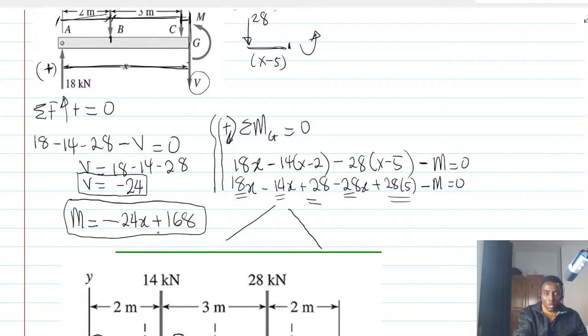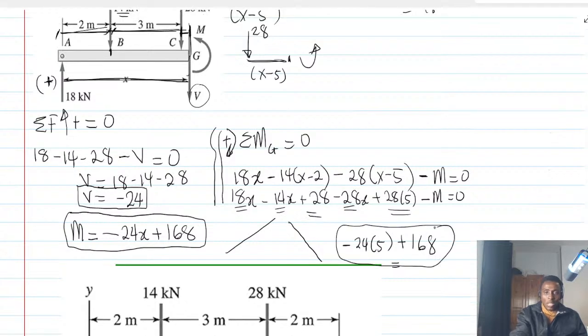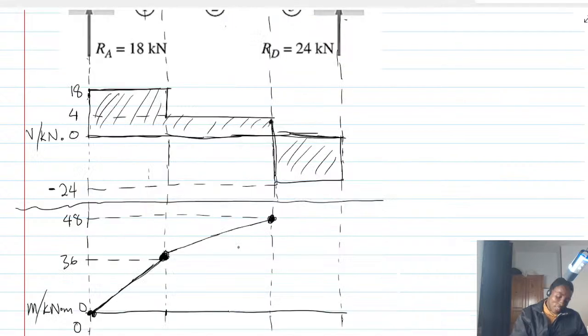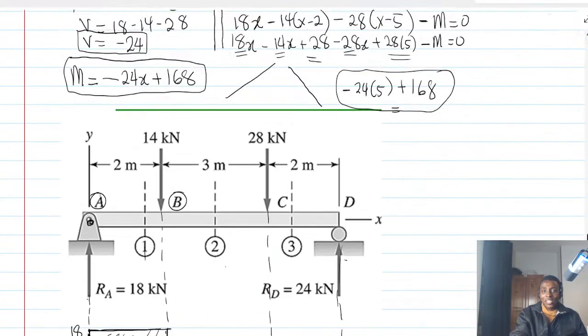Okay. So everyone, put x equals 5. So it's going to be minus 24 times 5 plus 168. Please, what is it? Very good. Now I want to shock you. I will not tell you the answer.